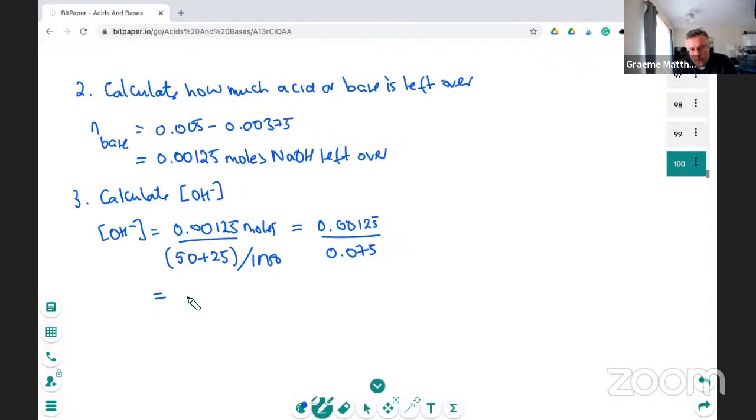The concentration of my hydroxide ion is 0.01667. The only trick, chemists, is that you had to divide by the total volume.